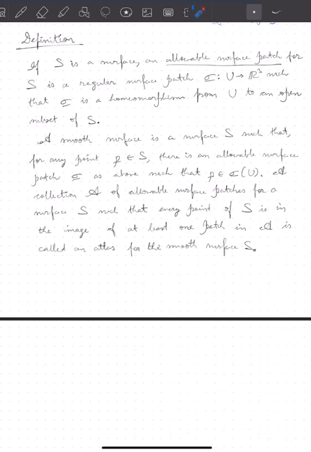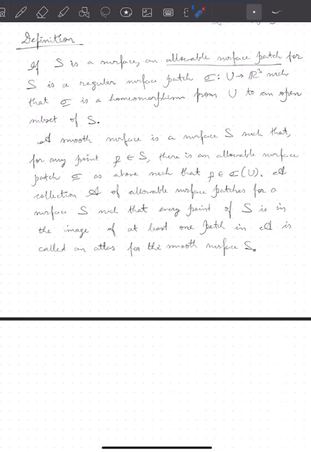And the collection of all those allowable surface patches for a surface S, such that every point of S is in the image of at least one patch in A, is called an atlas for the smooth surface S. So we want the atlas to contain allowable surface patches, and any point in the surface S must be in the image of at least one of the patches in the collection.